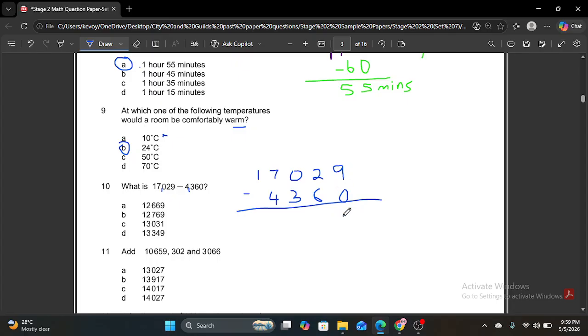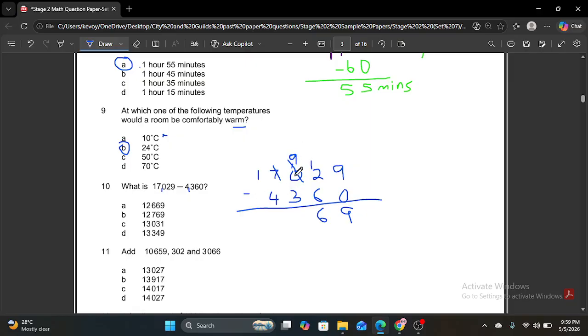So first thing, 0 from 9, it will just be 9. Take 6 from 2, we can't, so we'll take a 1 from the 7 right here. This will be 12. So 6 from 12, that's 6. We have 9 right here, so subtract 9 from 3, we can't, so we take from the next.